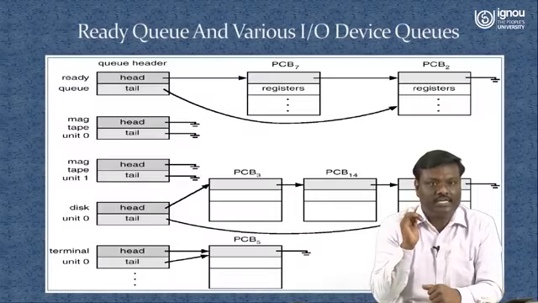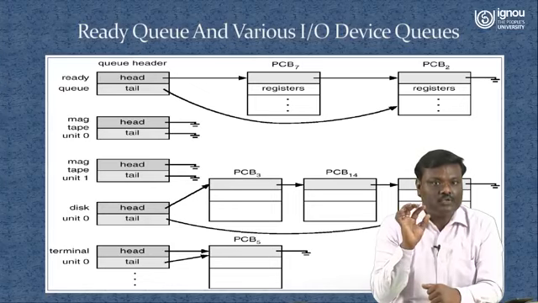Not vertically, look at it horizontally. First horizontal is the ready queue. In the ready queue you can see two kinds of locations, the head and the tail. The address of the first PCB is noted in the head, and the last one is noted in the tail.